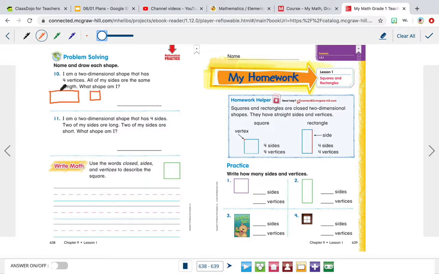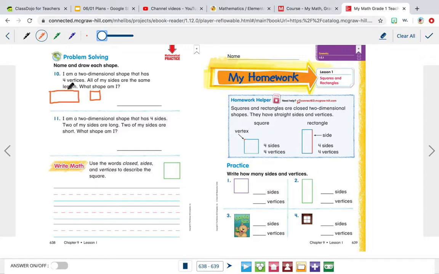Now, we see that they both have 4 vertices, they both have 4 corners, but we're trying to figure out which shape has all of the sides the same length. So they all have to have the same length. Well, if you look at this one, all the sides look to be about the same size, but let's see this one.